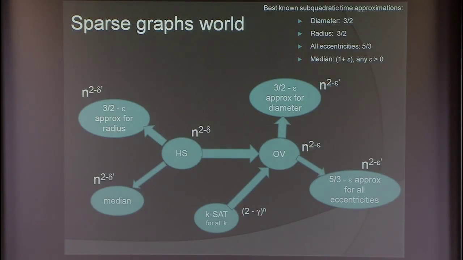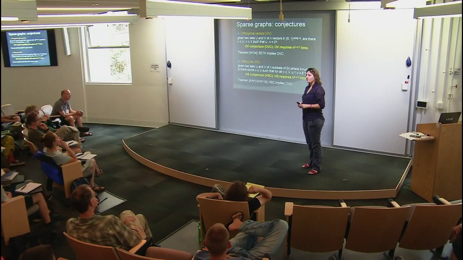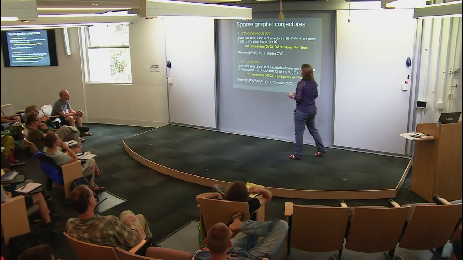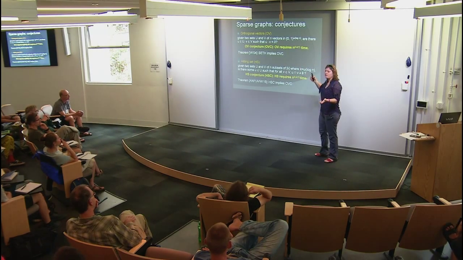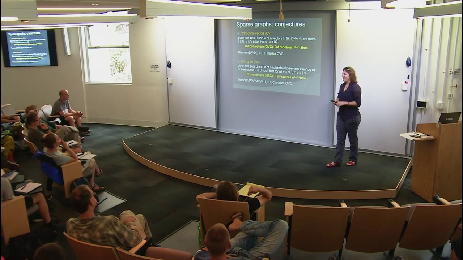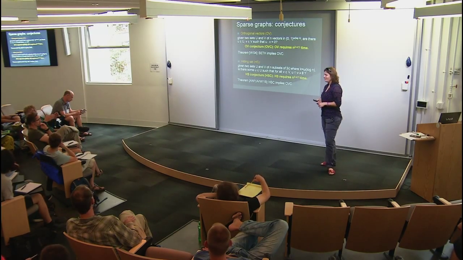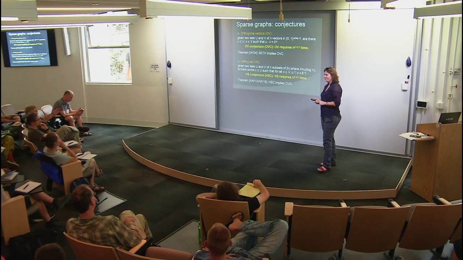Excuse me, Virgil. Why did you call it hitting set, and not, I don't know, non-orthogonal vectors? Oh, but it's not non-orthogonal vectors. If you translate it into vectors, it would be: there exists a vector in one set that is not orthogonal to any of the others. Hitting set is the right name because a hitting set is a set that intersects all other sets.